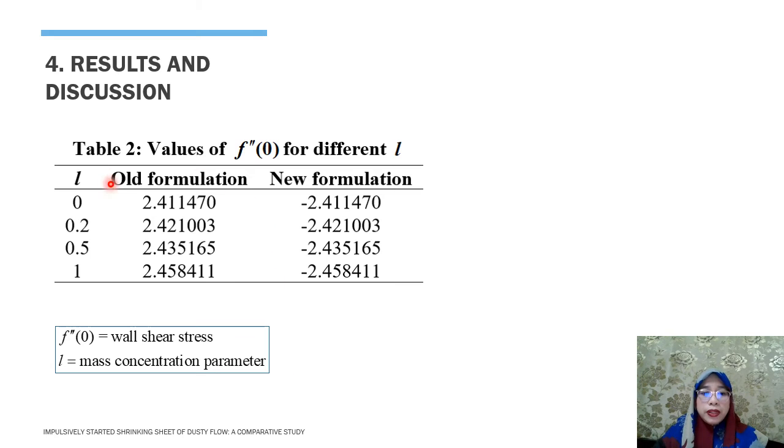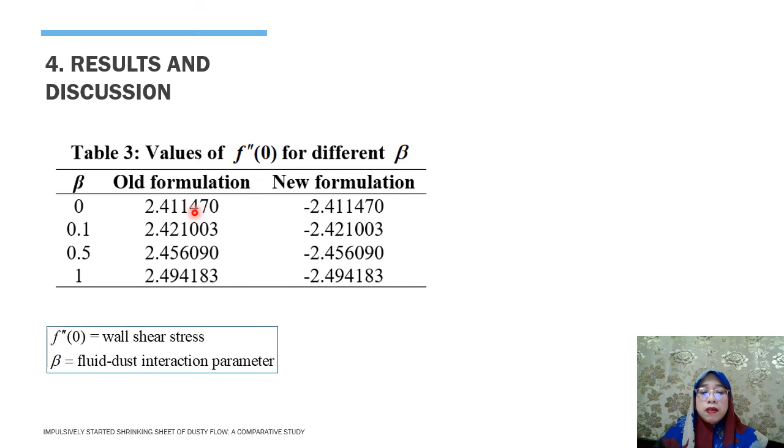Here you can see that using the old formulation or the new formulation, we get exactly the same values, but with different signs. The same goes for table 3, where we list values of f double prime 0 for different beta, the fluid-dust interaction parameter. Using both formulations, we get the same values but with different signs.